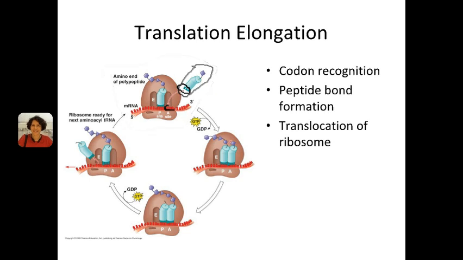So the new transfer RNA is going to come into the A position of the ribosome. It'll take hydrolysis of GTP to place it. So now the new transfer RNA is sitting in its position in the A site of the ribosome, and then the previously synthesized polypeptide is being carried on the transfer RNA that's on the P position.